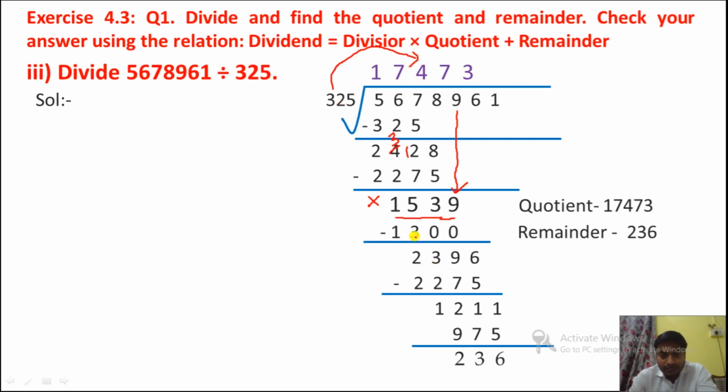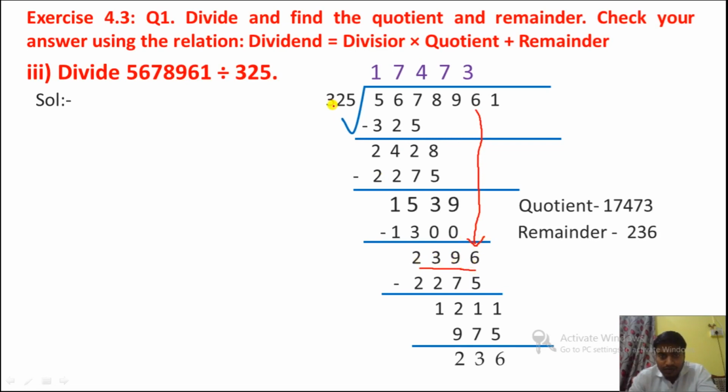Now we have to subtract. 9 minus 0 is 9, 3 minus 0 is 3, 5 minus 3 is 2, and 1 minus 1 is 0. So I am giving you a cross mark. So we got 239. Now bring down this 6 here. Clear? Now it became 2396.